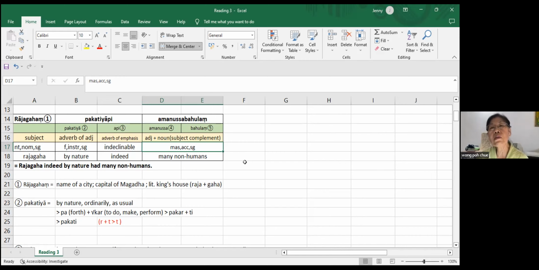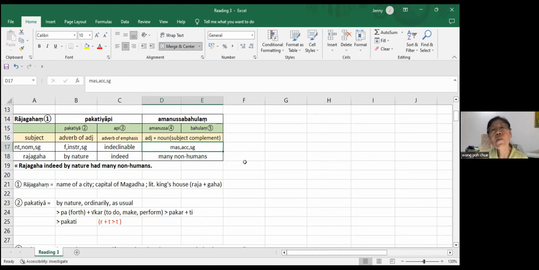Bahulang is the adjective complementing Amanusa, many non-human beings, as a whole in the masculine accusative singular. And this whole word, Amanusa Bahulang, complements Raja Gahang.